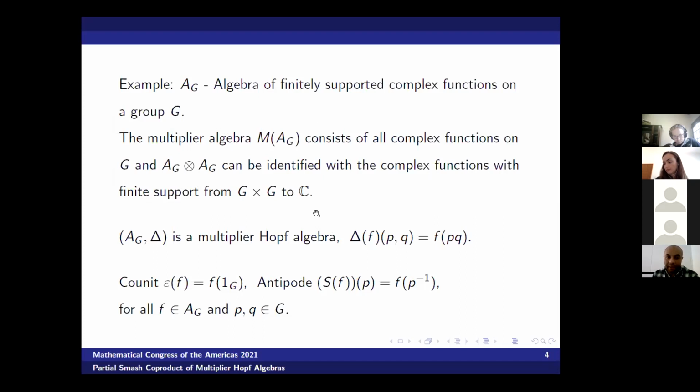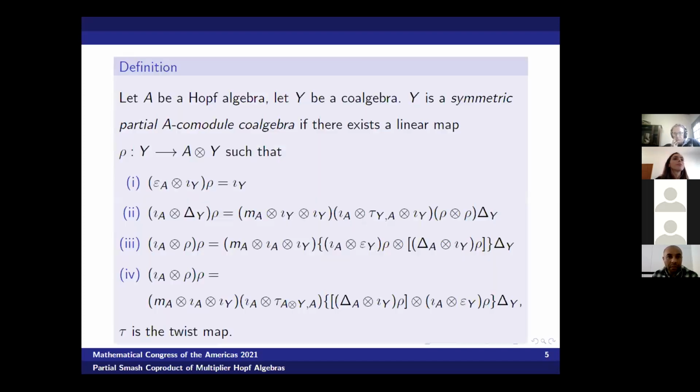So we have some isomorphisms here to show that. It is also possible to show that we have a counit and an antipode. So we have a multiplier Hopf algebra, one of the first examples that we have in this theory.